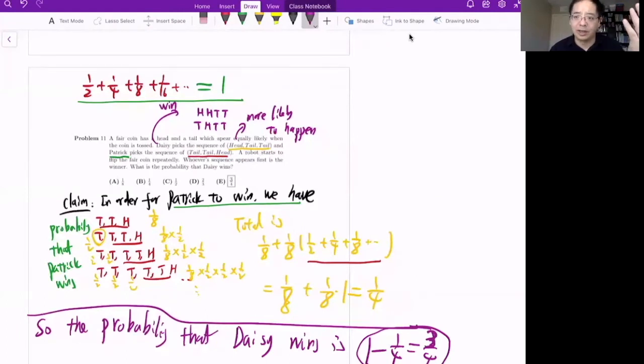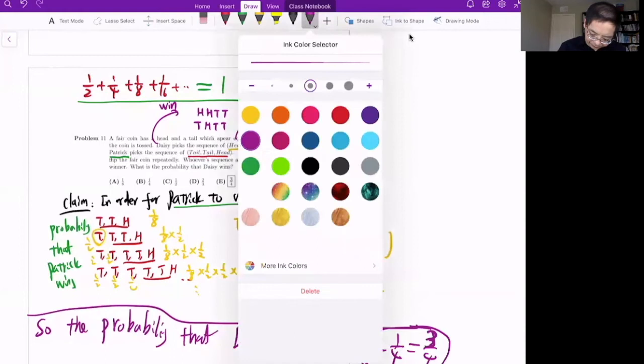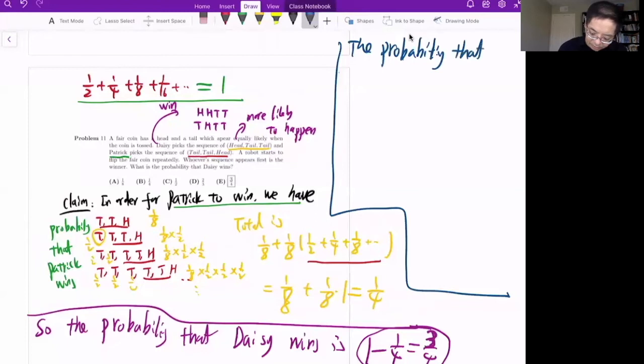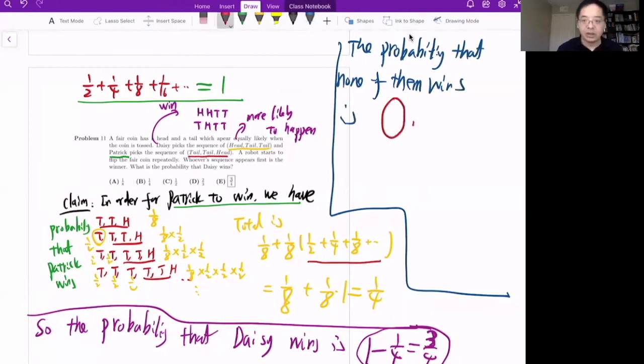Let's say if miraculously it gets head, or tail, all the way to tail or all the way to head, then none of them wins. But the point is, here we are talking about probability, and the probability that none of them wins is 0. So here's what I want to demonstrate: the probability that none of them wins is 0.